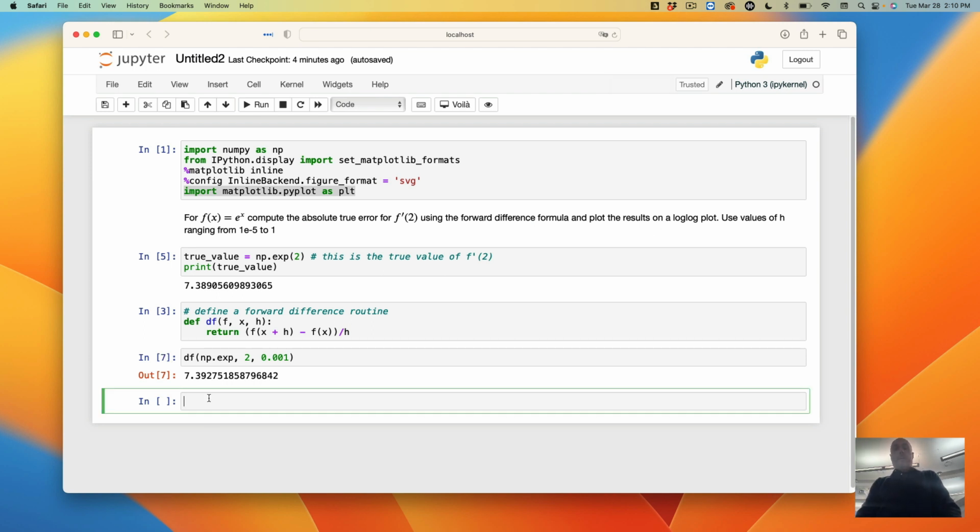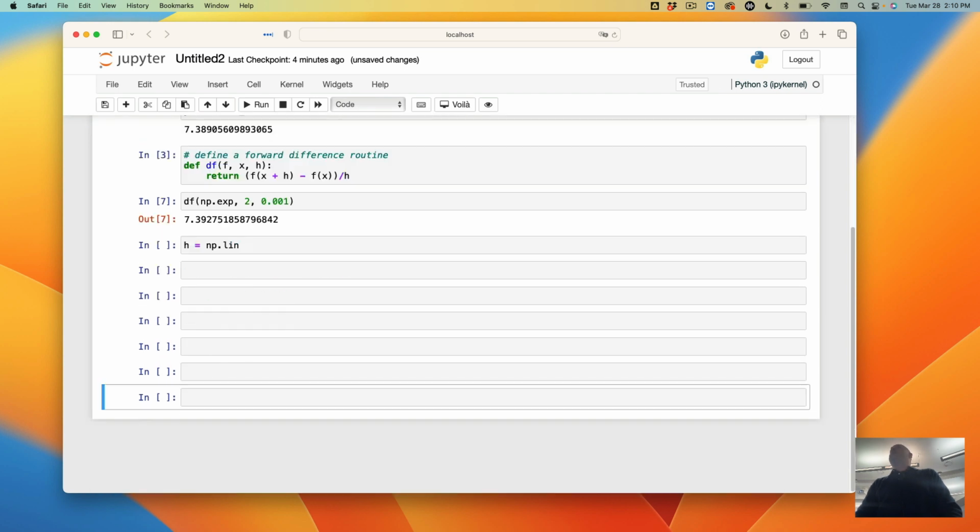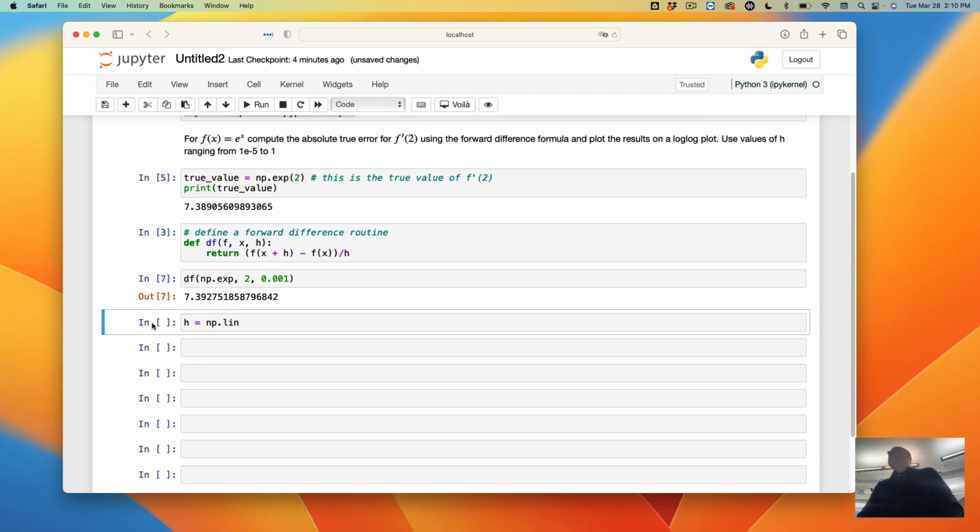So we're going to create a linspace for h, np.linspace. You guys in the back seeing okay? Okay. So we could create those h values manually by hand.